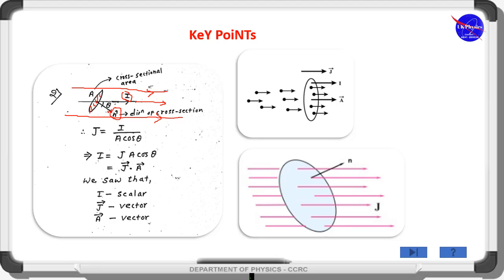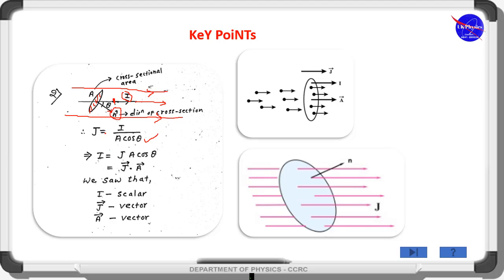The magnitude of this cross section along the direction of current is given by the projection of A along I, which is A cos theta, that we have discussed previously in the vector chapter. I guess you have studied and you understand this concept.